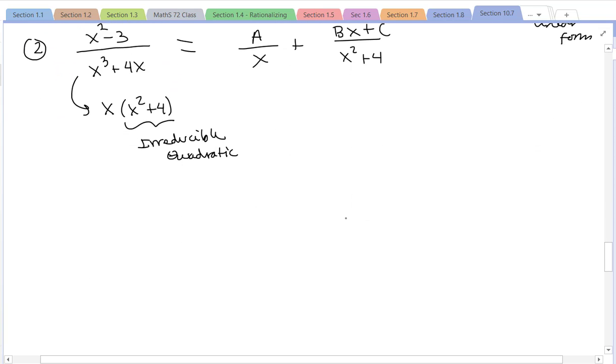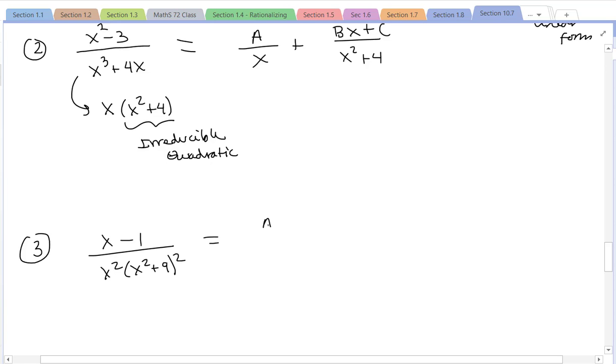Just to illustrate this a little more, if I have something like x minus 1 over x squared times x squared plus 9, squared, for example, notice that I have repeated factors.